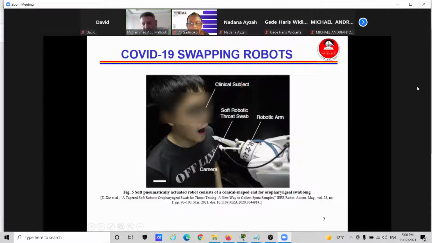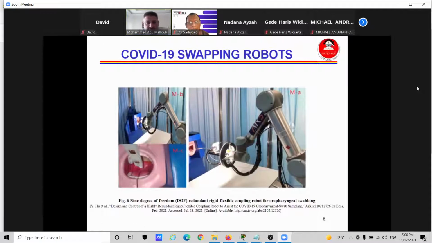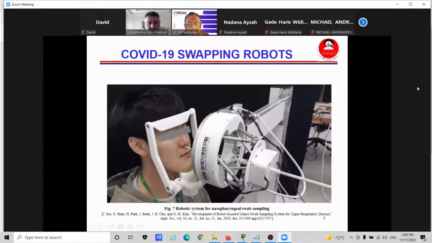Another example is this 9 degree of freedom redundant rigid-flexible coupling robot, which again conducts the swabbing through the mouth. The last one I want to show you is again a recent work, from January 2020, which is naso-, meaning through the nasal cavity, through the nose.